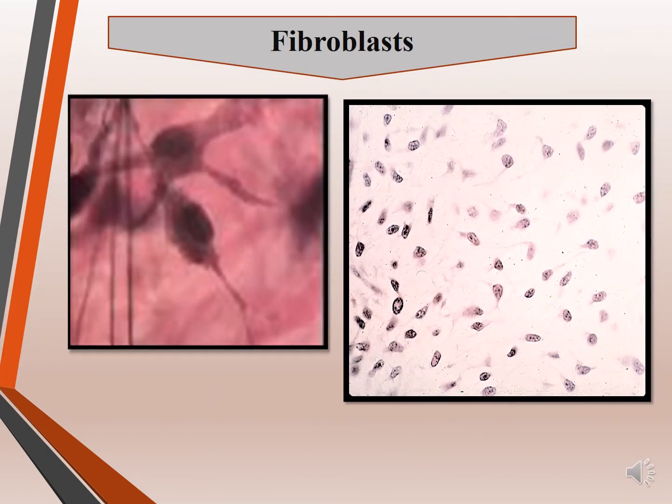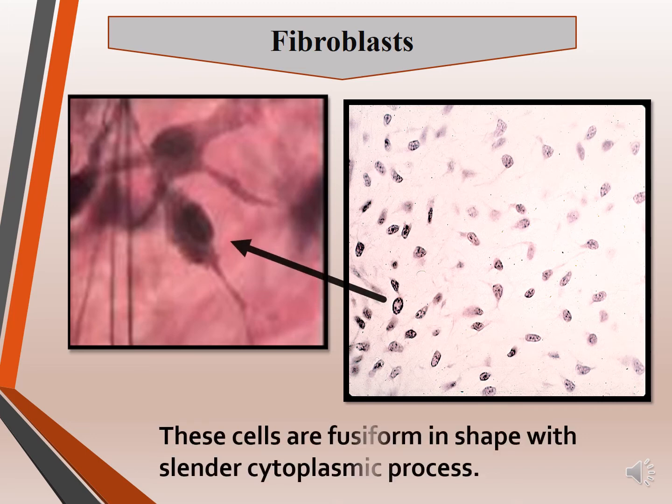The first type of cells is the fibroblast. These cells are the most common cells in connective tissue and widely distributed in connective tissue types. The characteristic feature of these cells is that they are fusiform in shape with slender cytoplasmic processes.